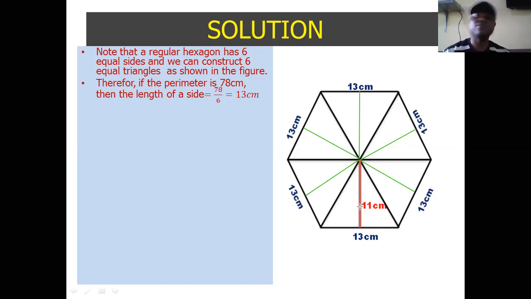The area of a triangle is half base times height, and here we have 6 triangles. So all we need to do to get this area is half base times height times 6, the number of triangles. Very simple.